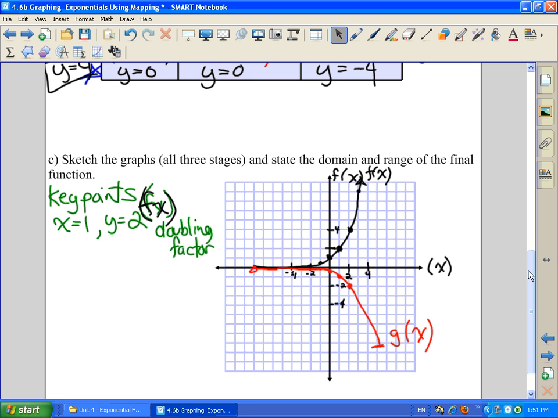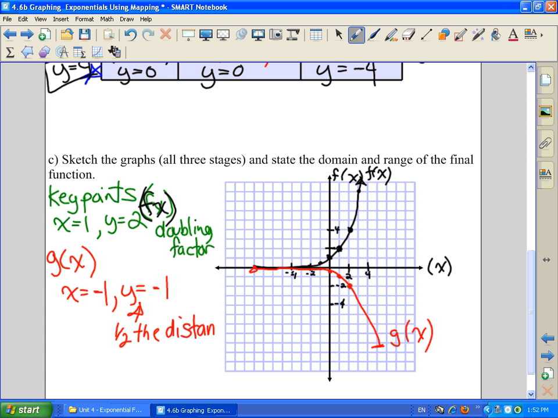But if we look at our g at x, follow along our graph, instead of x being 1, x equals -1. What happens to y in that case? Y is -1. So it's half the distance away from the asymptote that it was before at f at x.